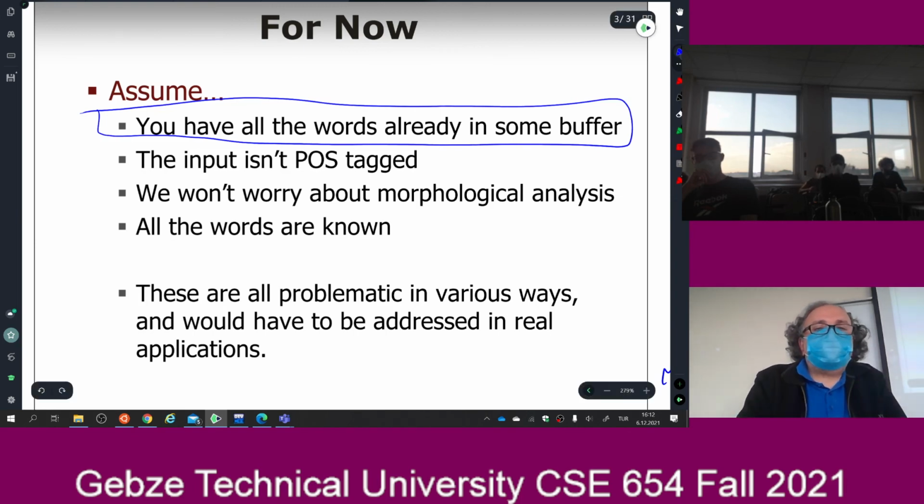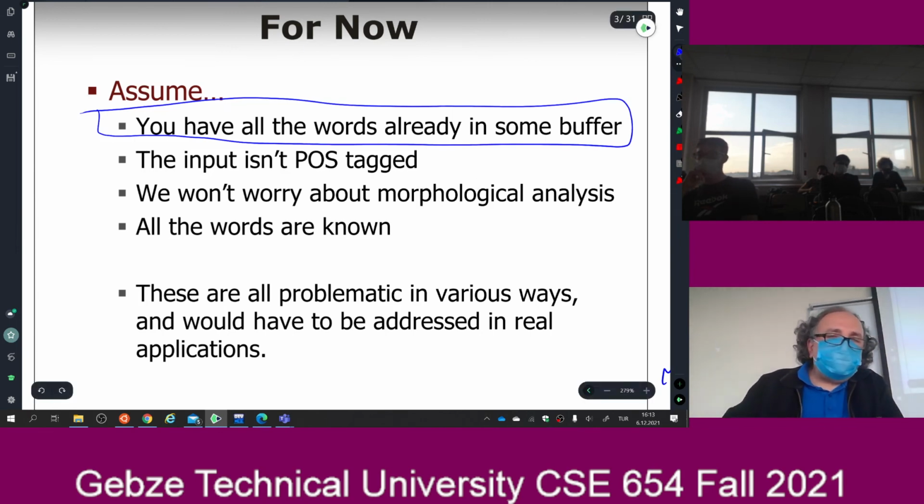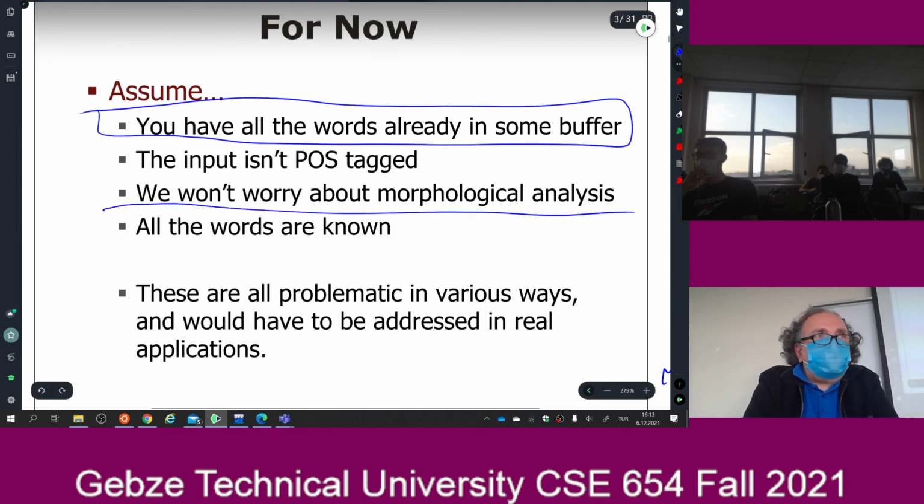My input is not part of speech tagged. There might be lots of ambiguity. So the word take could be a noun, or a verb, or an adjective, and so on. We don't know. Morphological analysis we will ignore. Well, very bad news for Turkish. Maybe for English, by ignoring morphological analysis, you can go from A to B, but in Turkish, no, you will stay at A. You are not going anywhere.